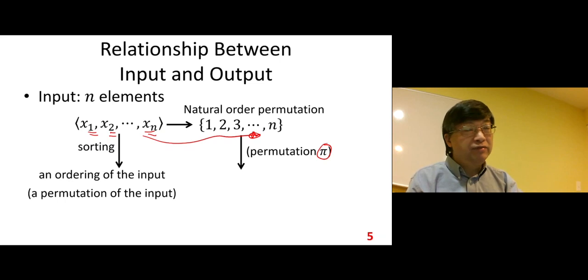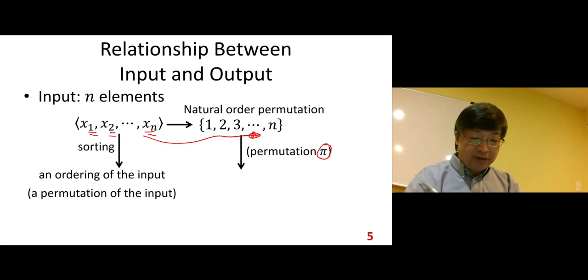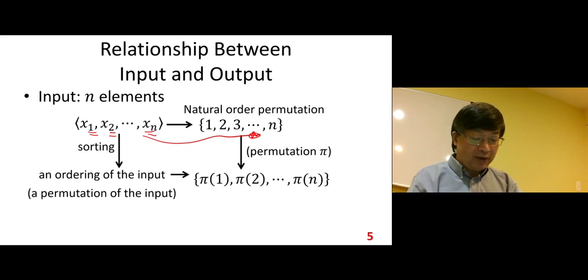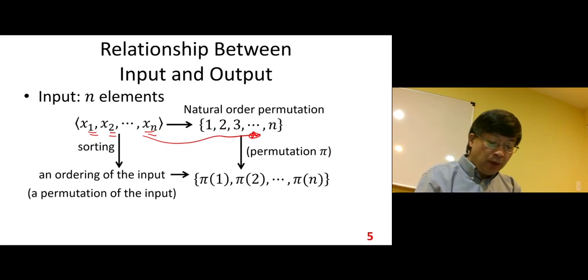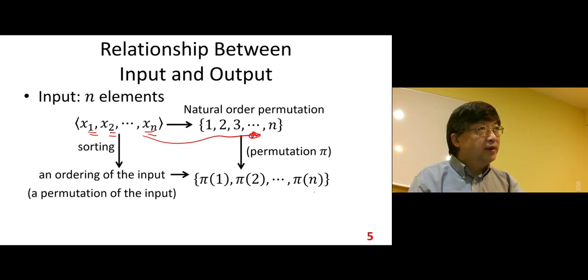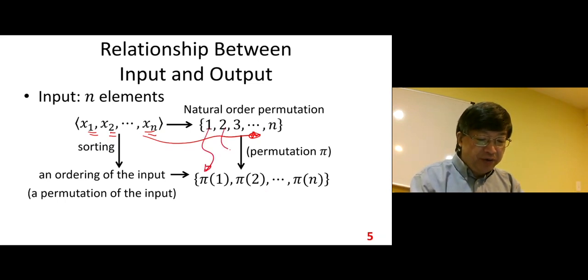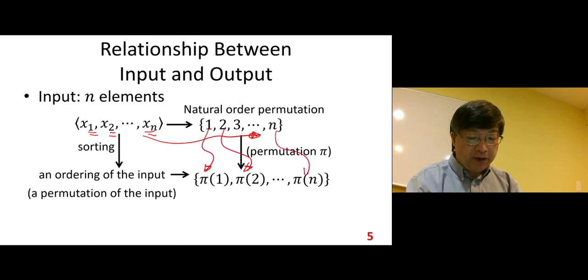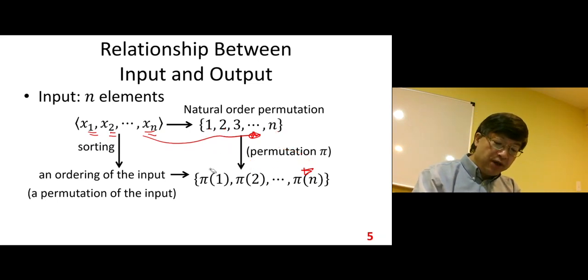This pi is different from the ratio of a circle's circumference over its diameter. The pi represents a permutation: pi of 1, pi of 2, through pi of n. It is just a mapping. You map 1 to pi of 1, 2 to pi of 2, and so on. So you get a special mapping, and that mapping corresponds to one permutation.